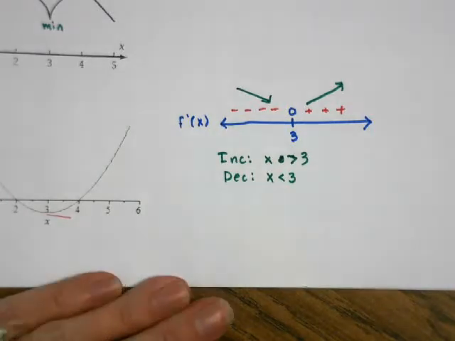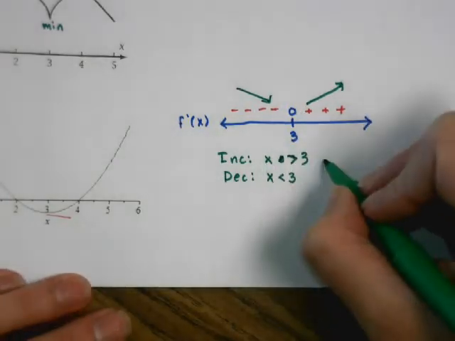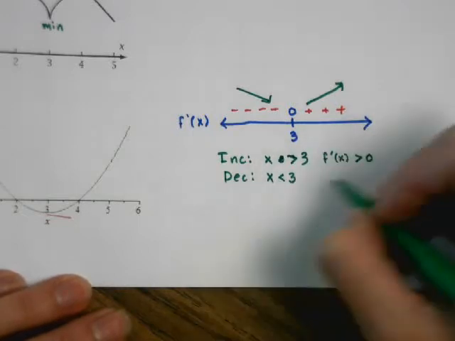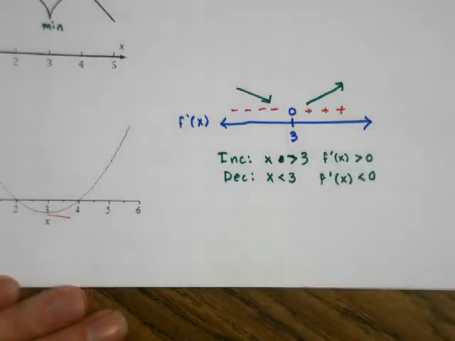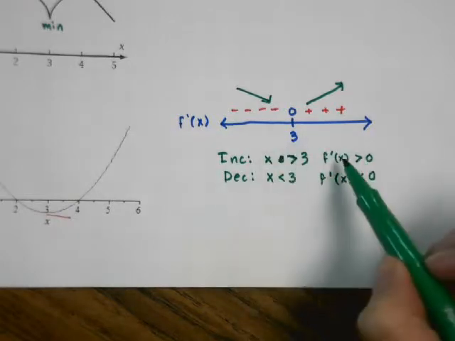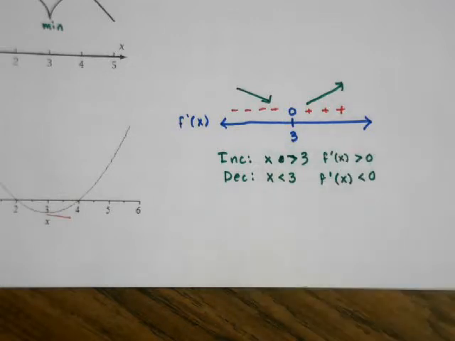And oftentimes you're going to be asked to justify. So my justification would be it's increasing because f prime of x is greater than 0. Here it's decreasing because f prime of x is less than 0. So if you are asked to justify, that's what you would need to say. It is increasing at some range because the derivative is positive. It's decreasing because the derivative is negative.